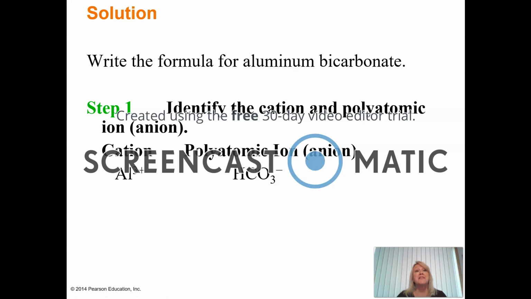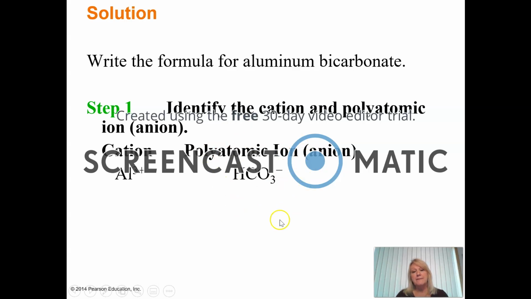Be careful, there's also carbonate. Bicarbonate is slightly different. It's HCO3, has a -1 charge. So you guys can see right now that if I only have one -1 and I got 3 positives, I'm unbalanced. I got to get that to 0.